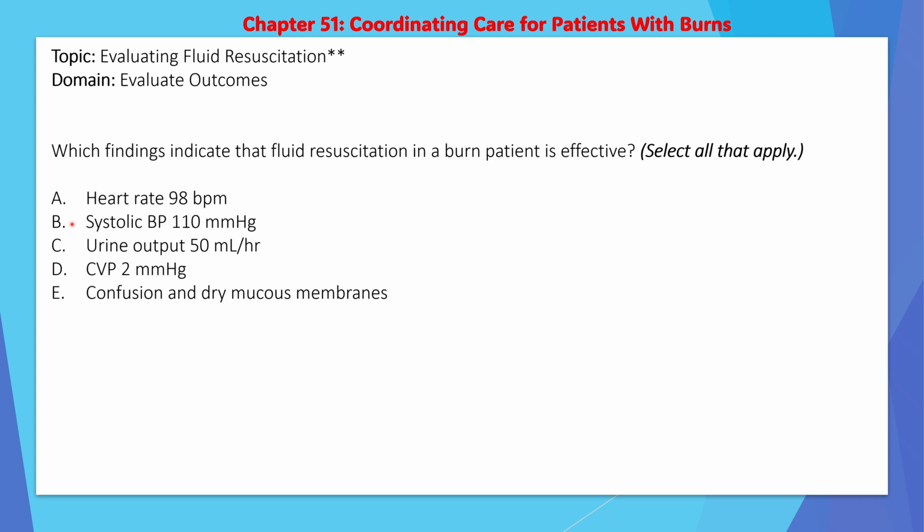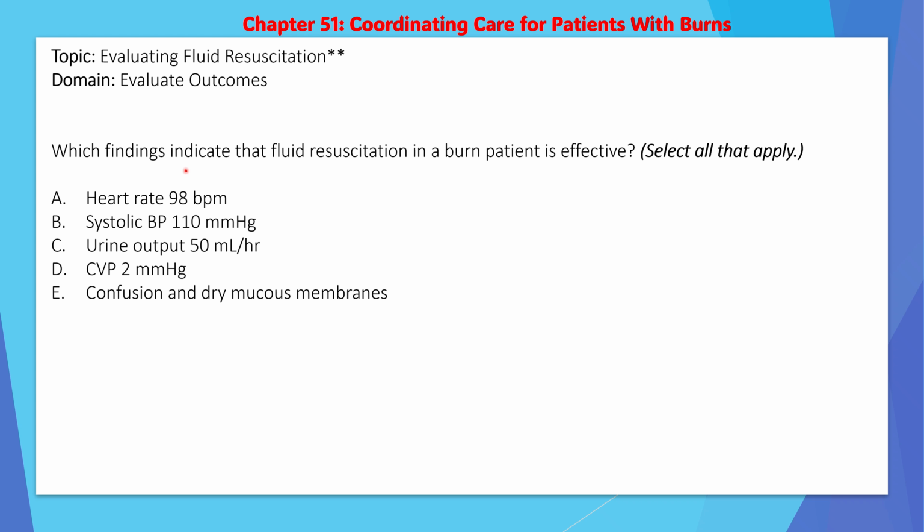Select all that apply. Heart rate 98 beats per minute, systolic blood pressure 110, urine output 50, CVP 2 millimeters, confusion and dry mucous membranes.